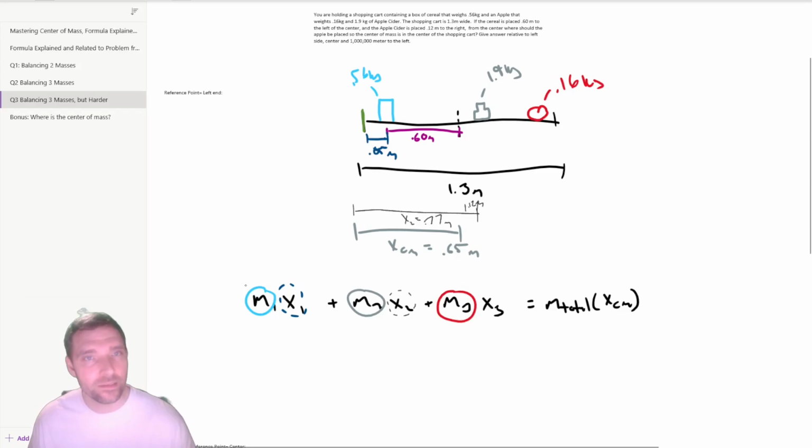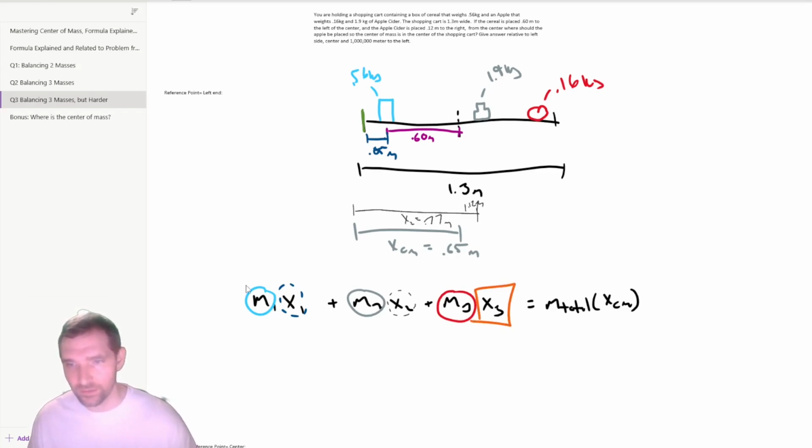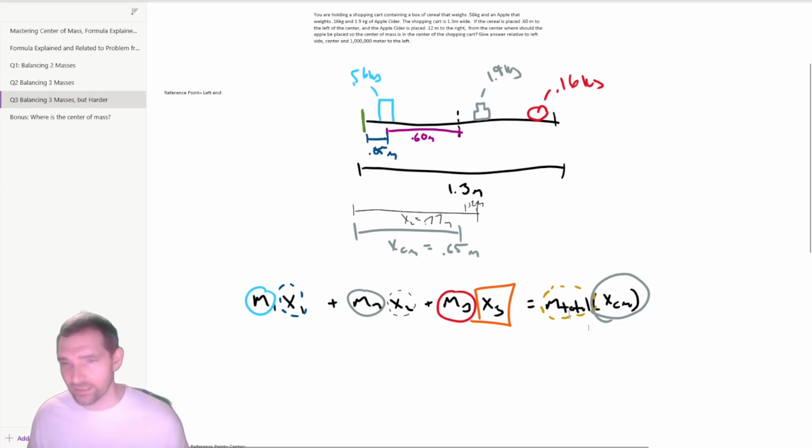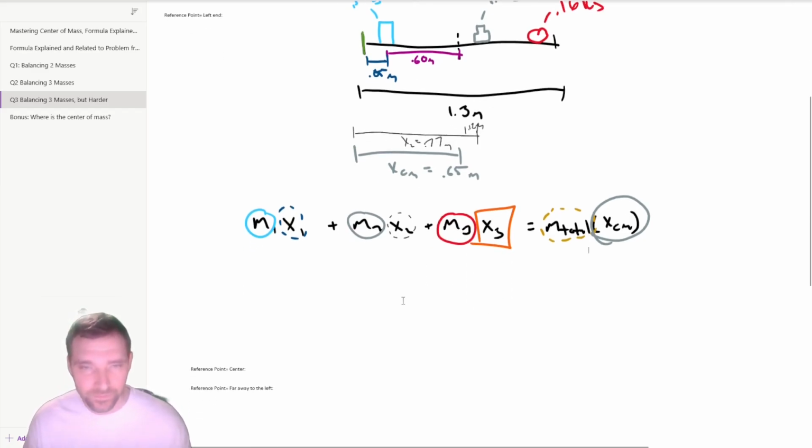We have this, and we're ultimately solving for this unknown displacement piece for this apple. We again have this total. It's the same, I believe, from the previous problem because we've got the same objects. And we have a displacement of the center of mass which is known. So we just plug things in, and you can see algebraically we have everything besides x3, so we should be able to solve for this.